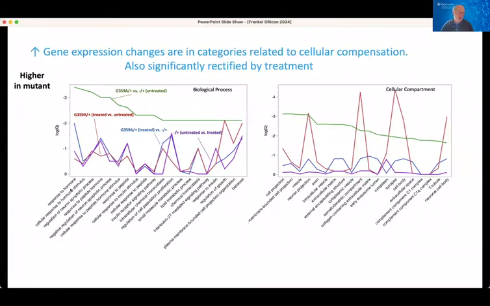And the categories were like a compensation category: response to hormone, response to cell death, apoptosis, response to chemical homeostasis. So the genes that were lower are involved in the known pathways and genes like DNM1 and these diseases. The genes that were upregulated and were also rectified by treatment seem to be in response type pathways.